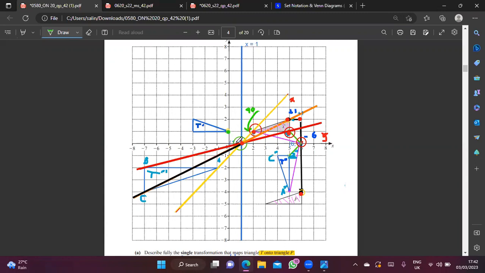There you go. So how do you know this is the point? The distance between your point and the line must be the same as the distance between your reflection line and your new point, which is the image. That's how we know. So this is 1 unit here, so 1 unit there. So the red is your image.